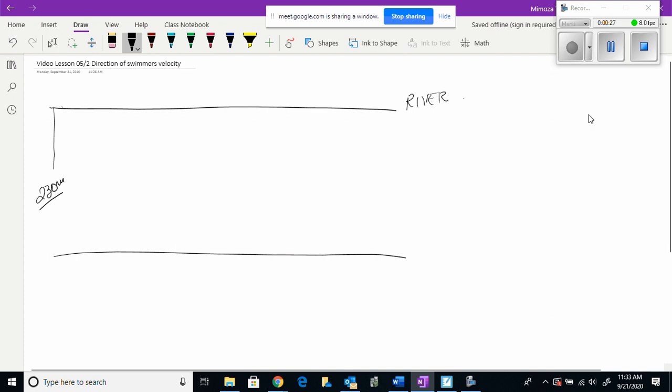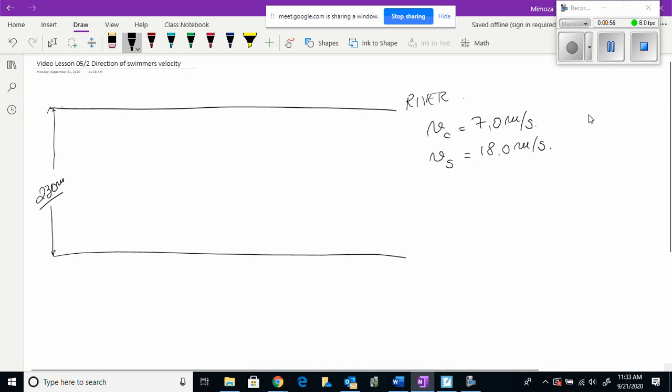So from here to here is 230 meters wide. And what we have is that the velocity of the current is 7 meters per second, and you are able to swim at 18 meters per second.